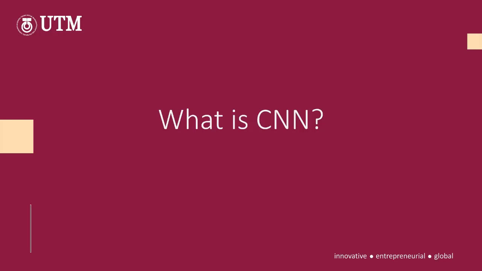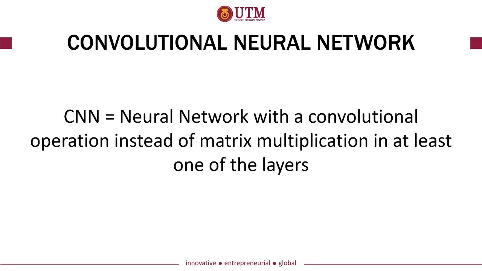Okay, let's continue with what is a convolutional neural network. Why do they call it a convolutional neural network? A convolutional neural network is a neural network with a convolutional operation instead of matrix multiplication in at least one of the layers.